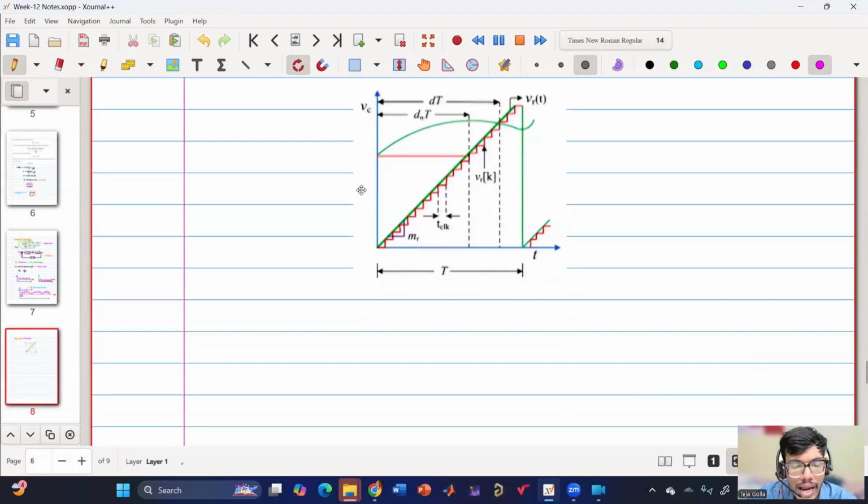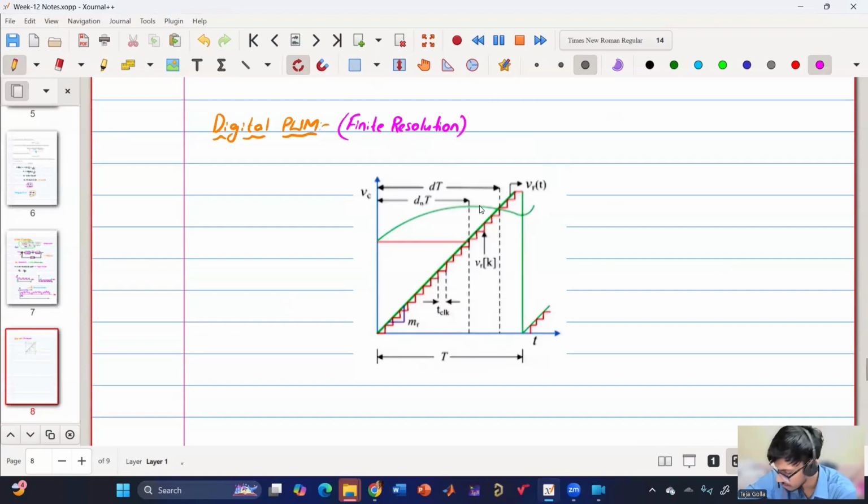These vertical steps are because of the quantization. There are two things that I would like to highlight here. First you understand the counter, right? The digital counter will start from 0, 1, 2, 3, and then say it resets at 99. Let us assume that it starts from 0 and resets at 99.